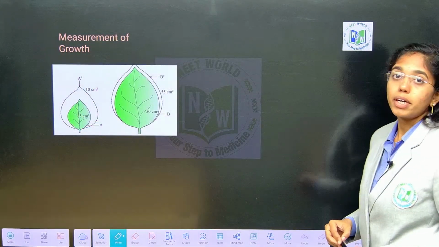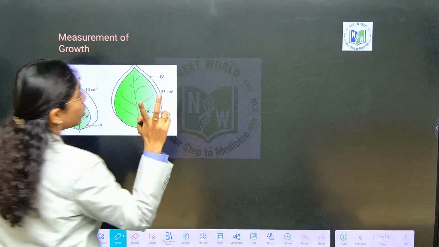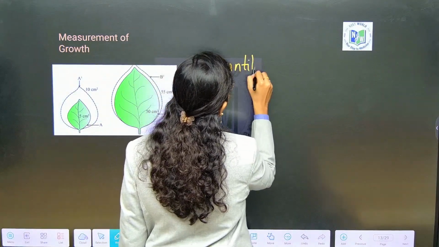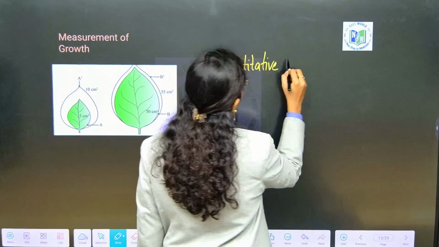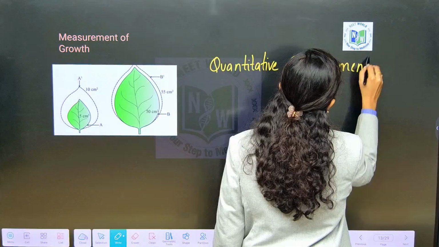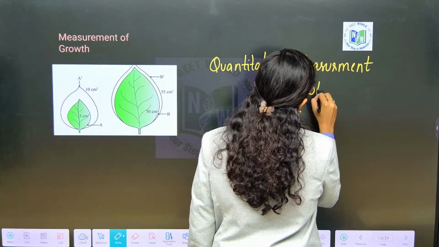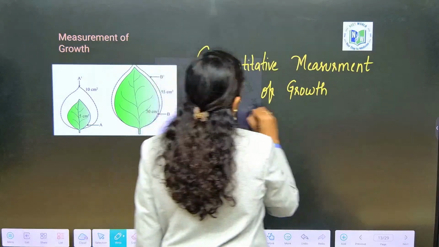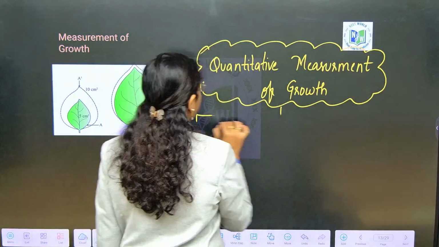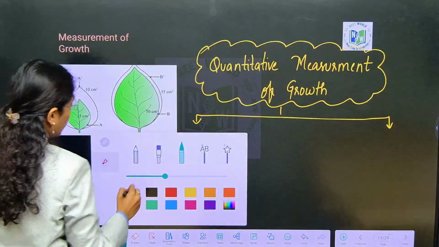Here you see measurement of growth. You can observe growth is measured quantitatively in two ways. We have two types of measurements in a quantitative way. First is absolute growth rate and second is relative growth rate.